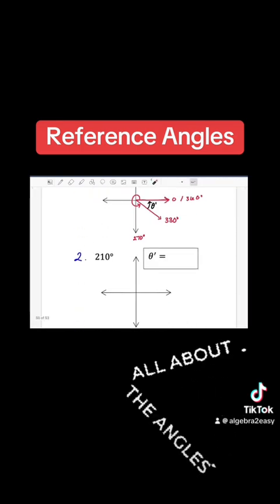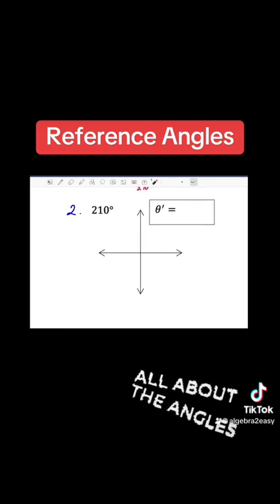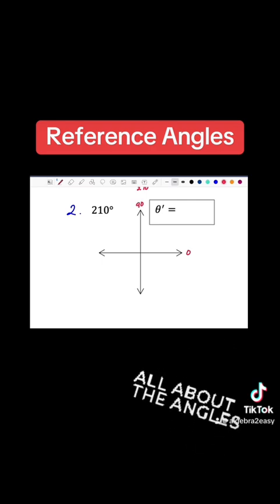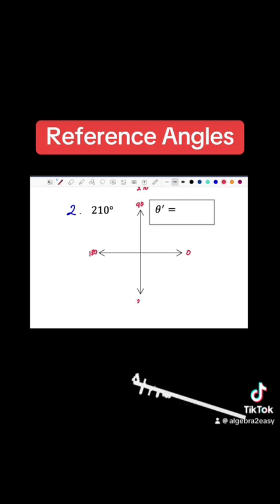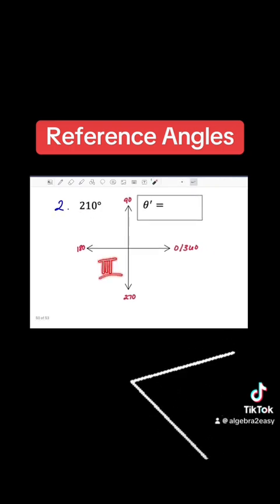Let's try another one. 210 degrees. Let's think about our quadrantals. We have 0, 90, 180, 270, and then back to 360. 210 is going to be somewhere over here in quadrant 3.